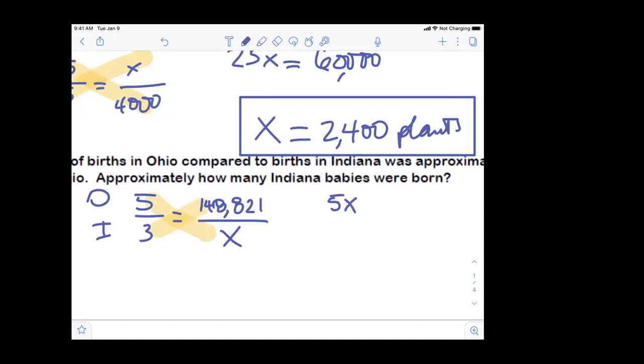So 5 times x is 5x, and then 3 times 148,821 gives me 446,463. Numbers are hard today. And then divide that number by 5.